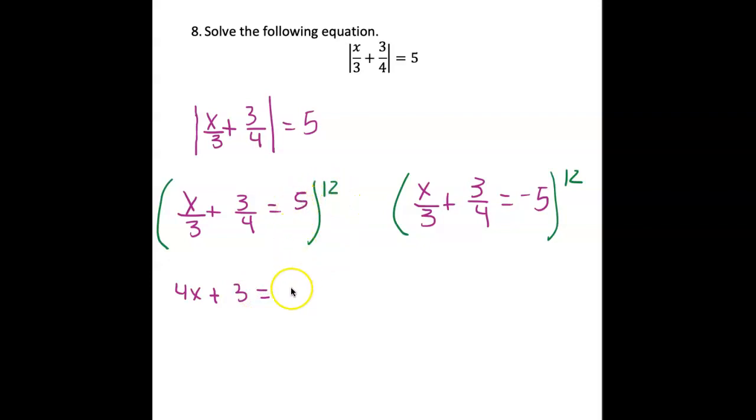12 times 5 gives you 60. Man, I lose my multiplication. And then I go ahead and make a mistake. Oh man, did I do that part wrong? Let me see. 12 times 3 is 36. Divided by 4, it is 9, not 3.